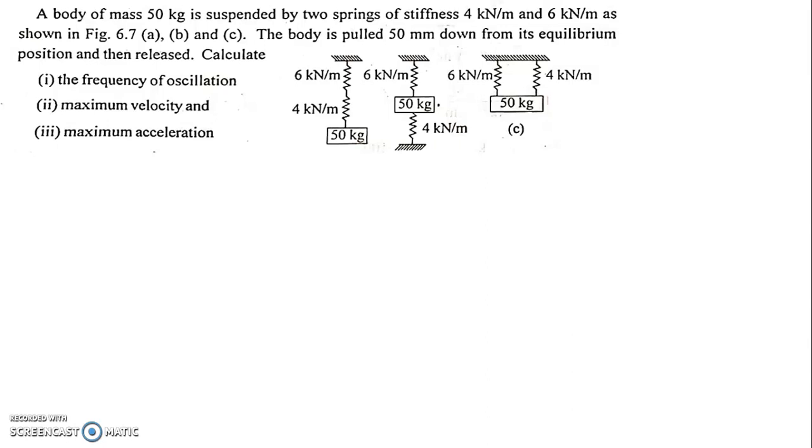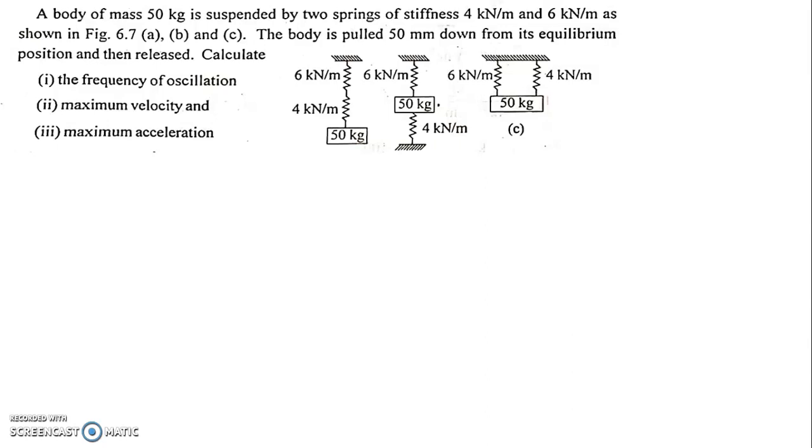Suppose by the weight of 50 kilogram, both the springs have a displacement. Suppose both the springs are elongated by 1 centimeter. That is our derivation. During the derivation, where the springs are connected in parallel, we are assuming that all the springs have the same deformation. For the first case, where springs are connected in series, it is not necessary to have the same deformation for all springs.